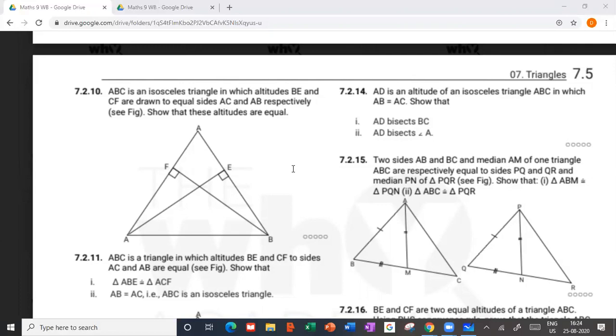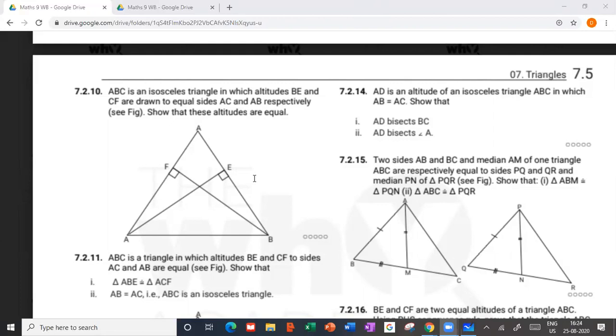Who can answer? What is an altitude? Ma'am, an altitude is a line that originates from a vertex and goes to the opposite side and forms a 90 degree angle.